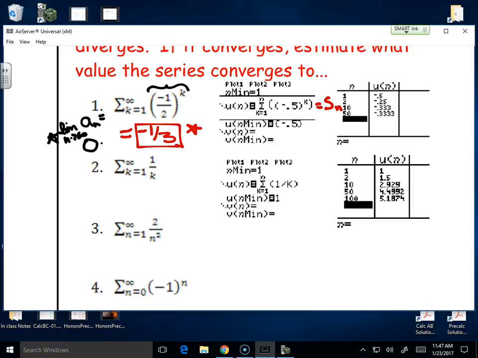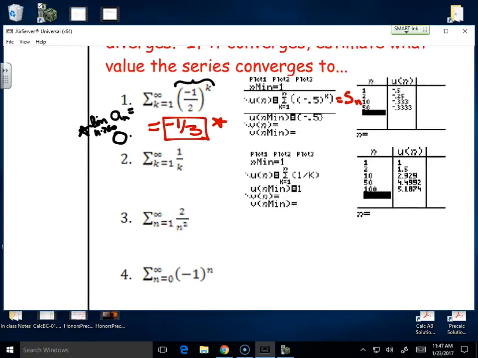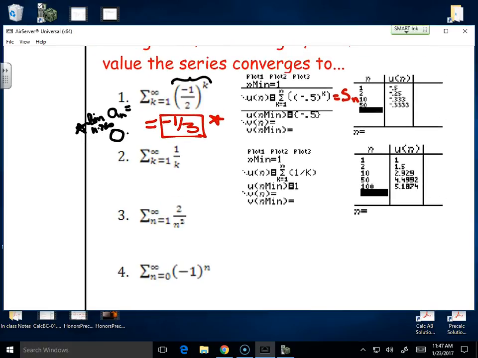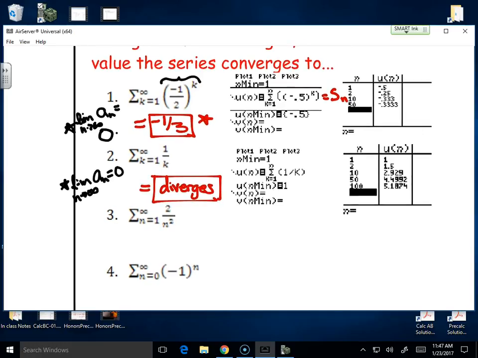You see it? We have to reorient our brains in that the limit as n goes to infinity of a sub n for this one is 0 also. Bottom wins, right? But what's going on with this infinite series? Adding. You might think it might be getting closer to something, and so you might make your calculator work for a long time to go to 1,000.